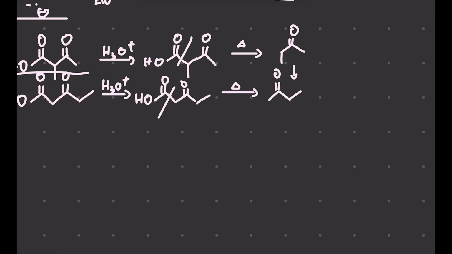As you can see, these two products are isomers, and that's also another way you can get to the same product from two different products. It's through hydrolysis and decarboxylation of beta keto esters, and this will yield us two symmetrical ketones.